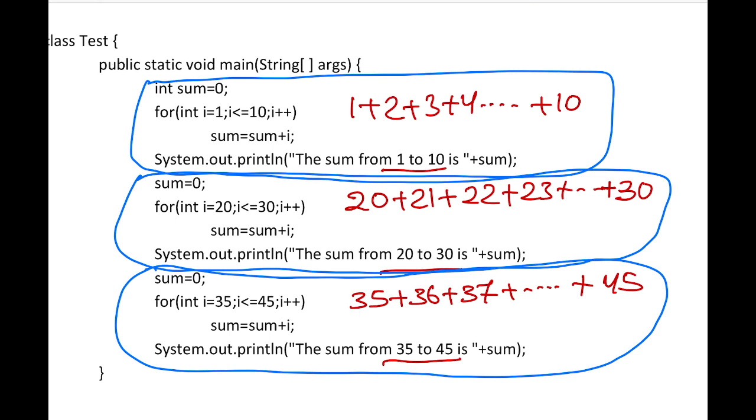So to write a common code and reuse that code for different starting values and ending values, we need to understand the concept of methods. So using methods we can write the code once and reuse that multiple times. Then how to write this code?